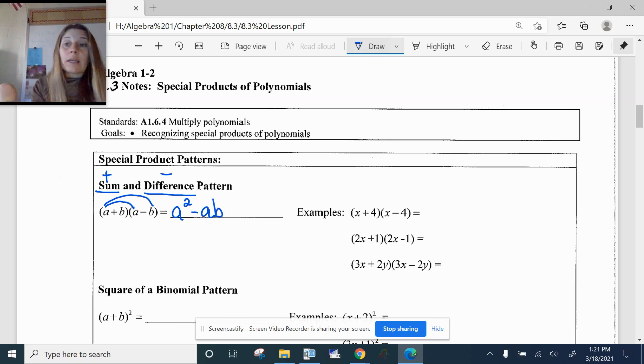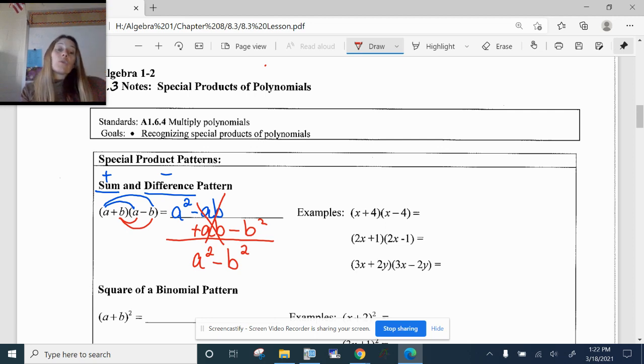Then you would do the second part, which would be b times a, which would be positive ab. And then you would have b times negative b, which is negative b squared. Now, when you go to add these up, you'll notice that you have a positive ab and a negative ab. So those would cancel out, and you would just be left with a squared minus b squared.